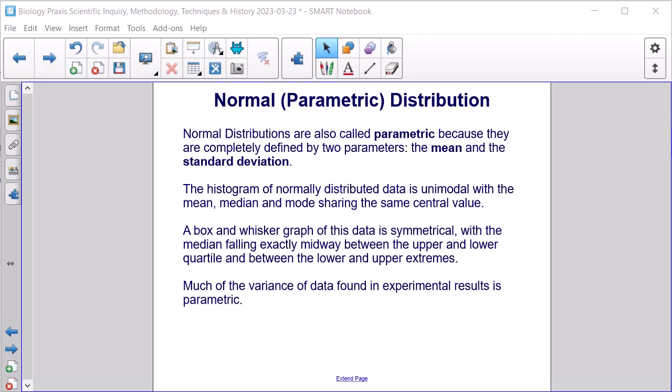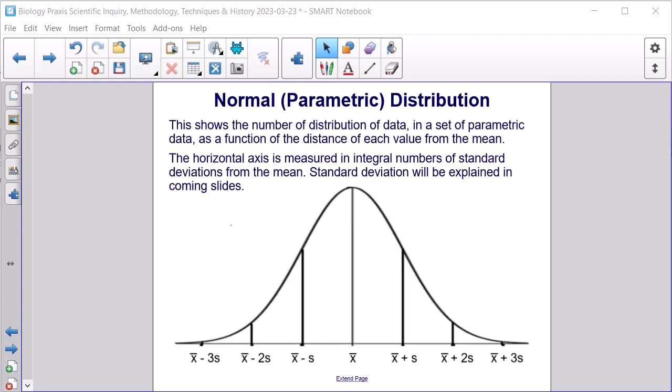Much of the variance of data found in experimental results is parametric. This shows the distribution of data in a set of parametric data as a function of the distance of each value from the mean. The horizontal axis is measured in integral numbers of standard deviations from the mean.